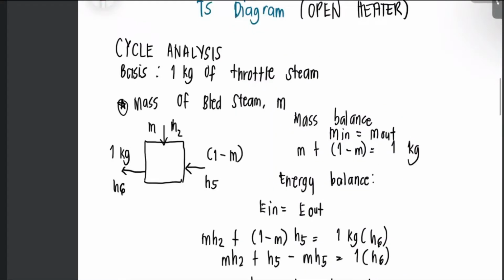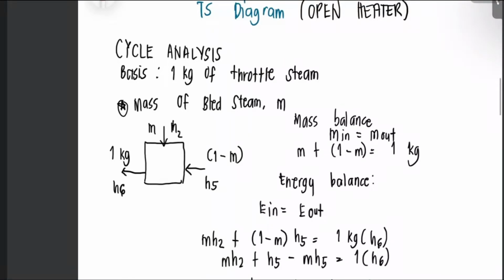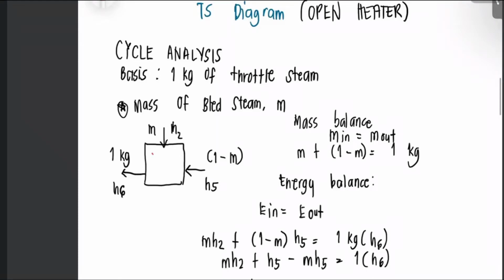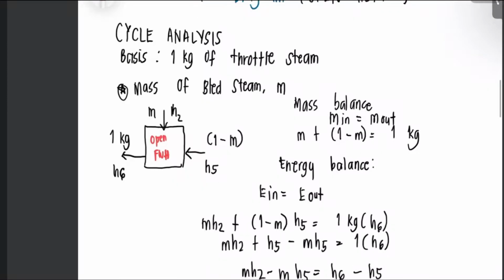Okay? Considering, pupunta tayo doon sa open feed water heater. So, pag open feed water heater lang to, class, ha? Mas madali isolve to, class, na open feed water heater. So, mass balance, entering mass is equal to the mass leaving the system.